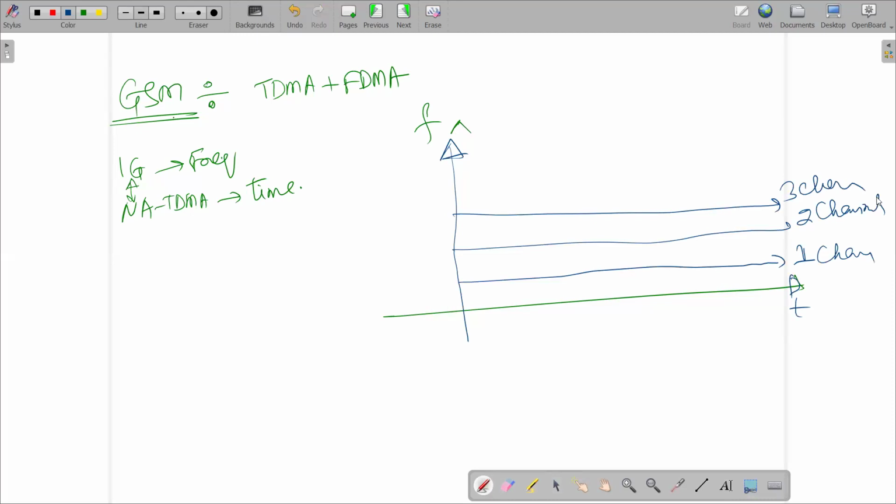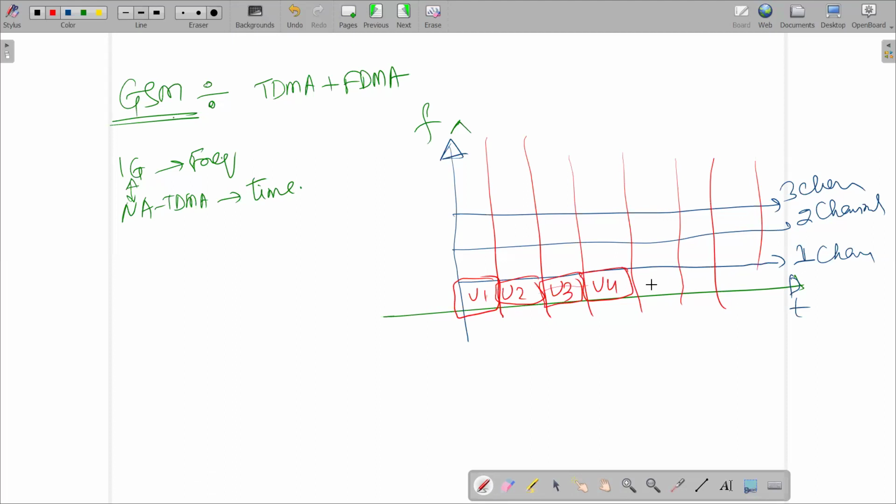They divided time also. For example, this is assigned to user 1, user 2, user 3, user 4, user 5 and so on for some amount of time.